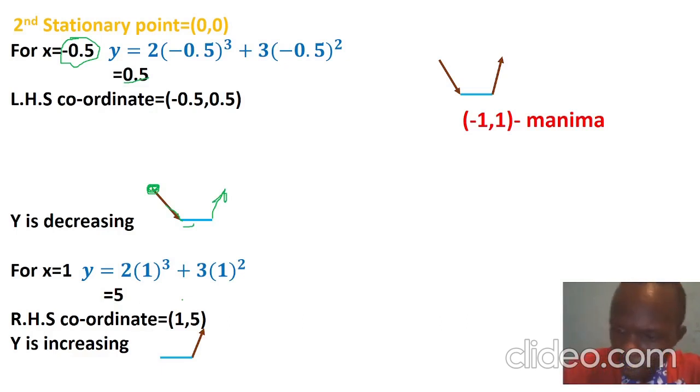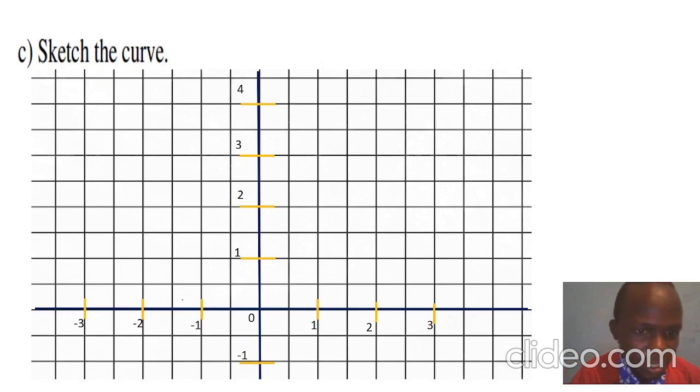Now, after getting to know the x-intercept, the y-intercept, the stationary points, and the nature of the stationary points, we get to the juicy part, that is the sketching of this particular curve. The question asks, sketch the curve.